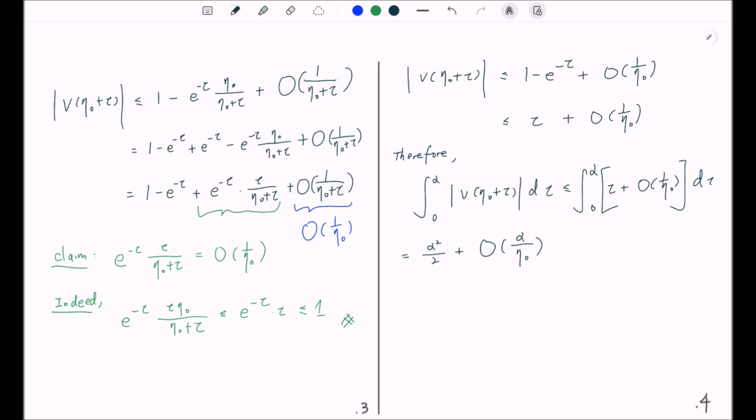But alpha is an absolute constant. So we can remove the alpha from here. This is simply alpha squared divided by 2 plus big O of 1 over eta naught. And that finishes the proof of this lemma.